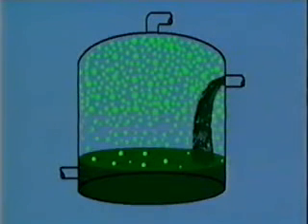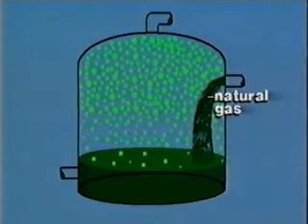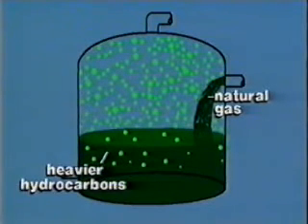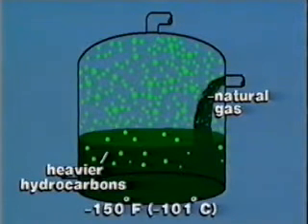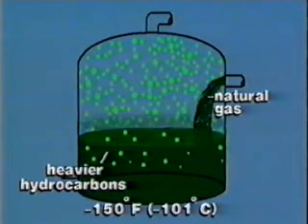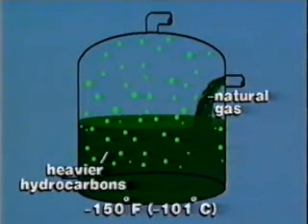Now the same process occurs when natural gas is chilled, or when the dew point of natural gas is reached. Some of the heavier hydrocarbon gases condense and separate from the gases. If natural gas is chilled to a very low temperature, for example, minus 150 degrees Fahrenheit, much of the ethane, almost all of the propane, and the heavier gases will condense.